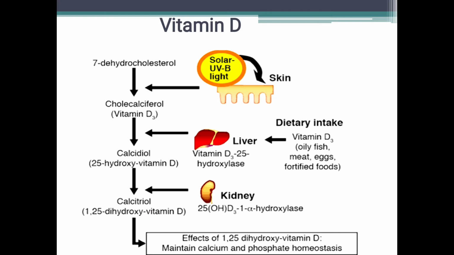So for two reasons, 25-hydroxycholecalciferol has its feedback inhibition, inhibiting its own conversion. One, it prevents the excessive action of vitamin D. Next, the cholecalciferol can be stored in the liver for future use, for months. But once it is converted to calcidiol, that is 25-hydroxycholecalciferol, it will be present in the body for only a few weeks. So there are two reasons.